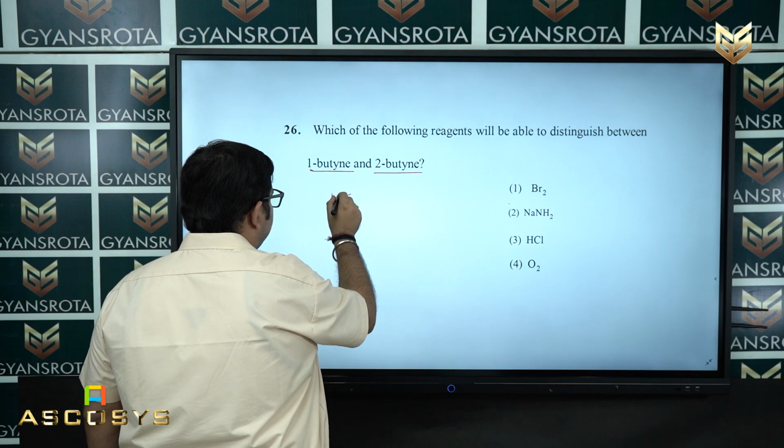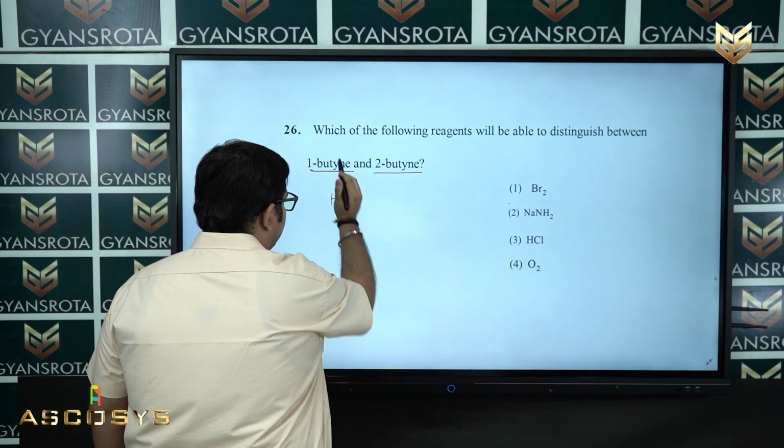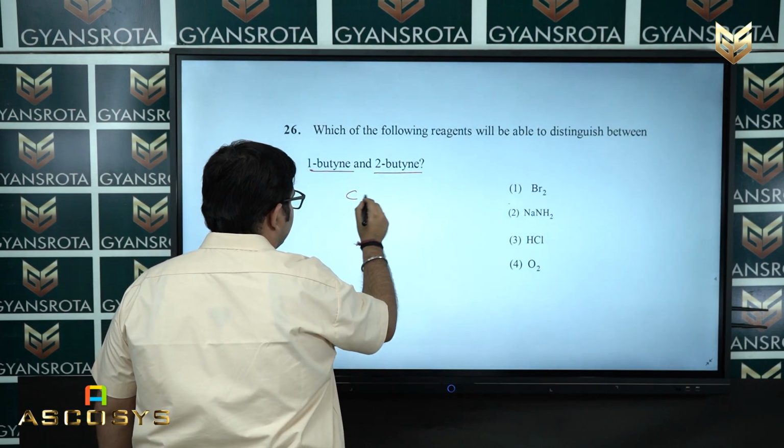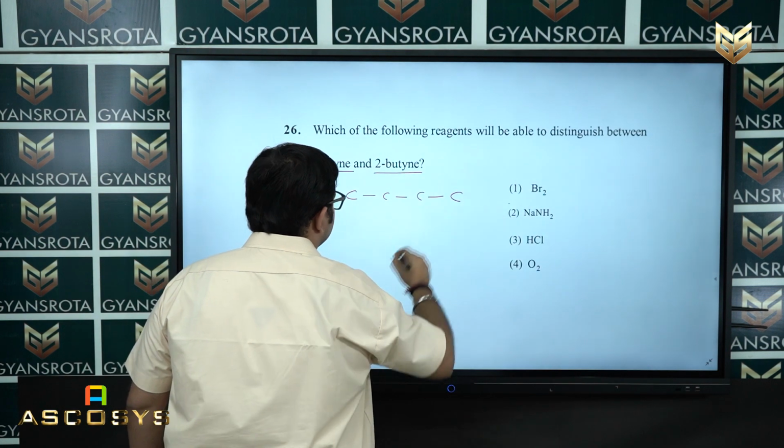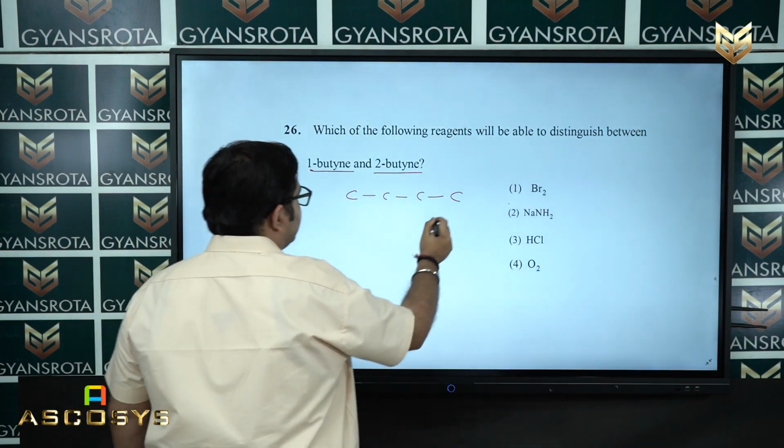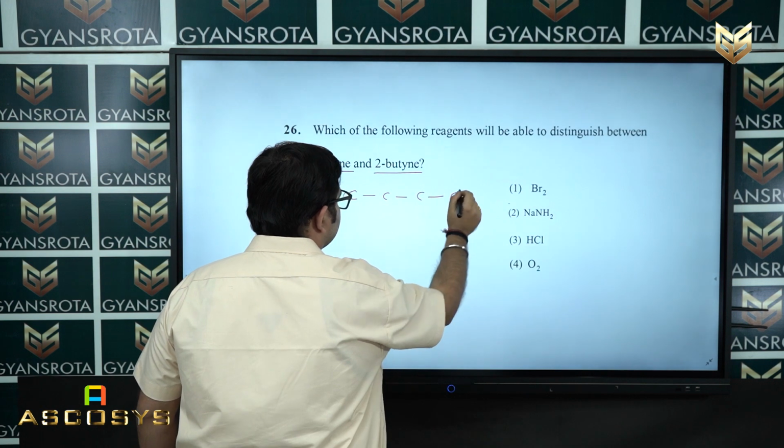Your 1-butyne will have 4 carbons, C, C, C and C. Now 1-butyne looks like this.